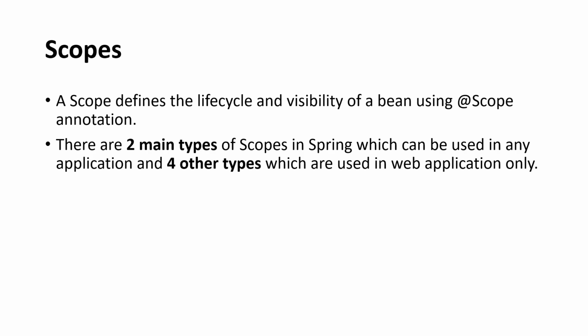Now there are two main types of scopes in Spring which you can use in any application, and believe me, in today's video, I will show you those two scopes. Besides this, there are four other types of scopes, and those four can be used in web applications only.